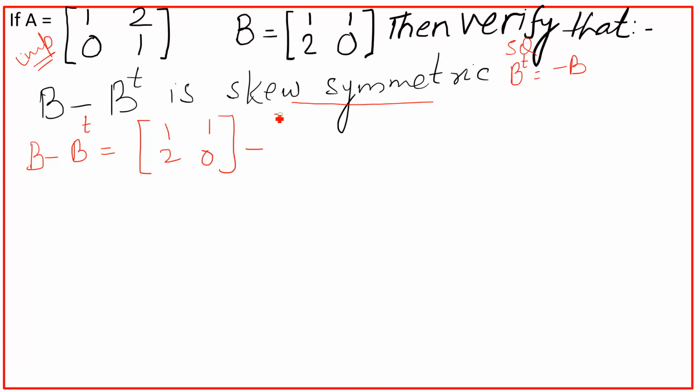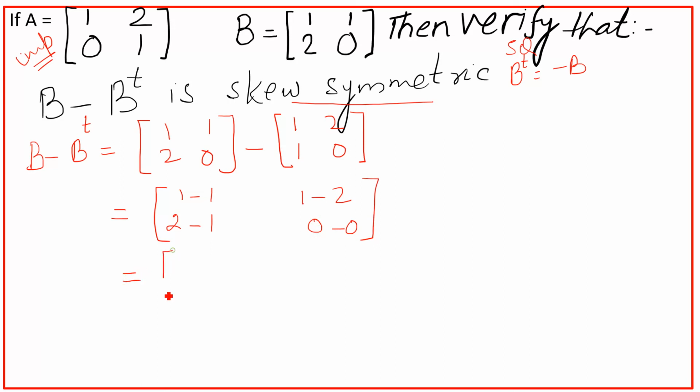Right? And then you have to subtract the transpose, make rows into columns. So corresponding entries: 1 minus 1, 1 minus 2, 2 minus 1, 0 minus 0. It will be equal to 0, 1, negative 1 and 0.